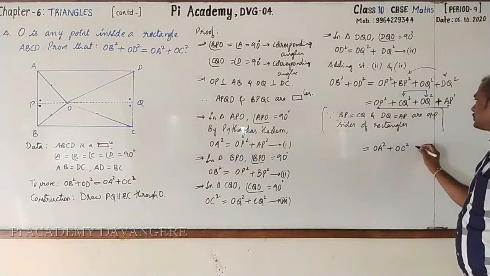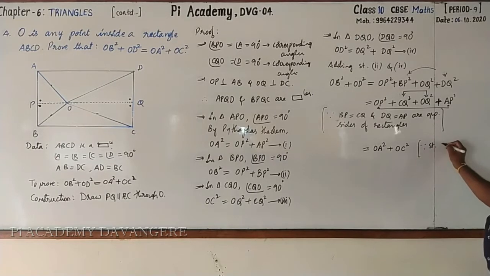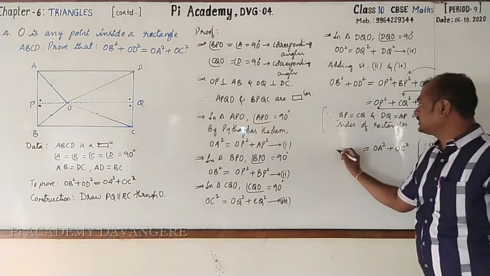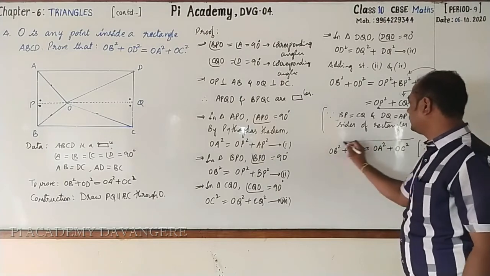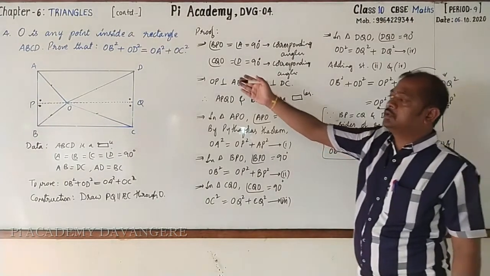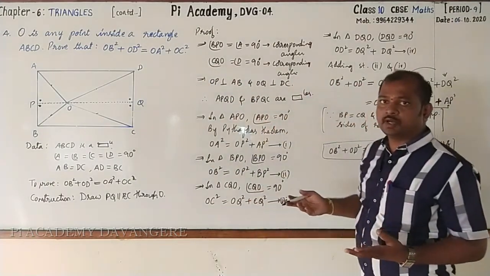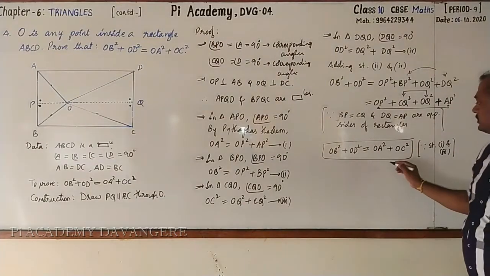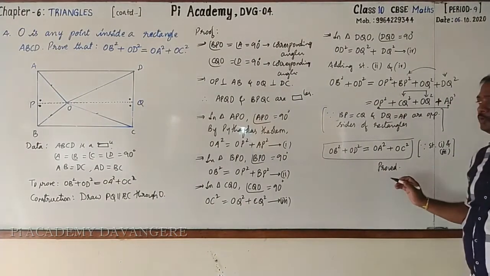So, these two have been written from statements first and third. So, LHS part is OB square plus OD square, and RHS part is OA square plus OC square. This is the statement which has been proved. Dear students, hope that you have understood this completely. So now you are right, hence the given statement is proved.